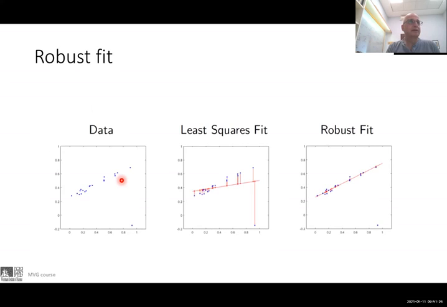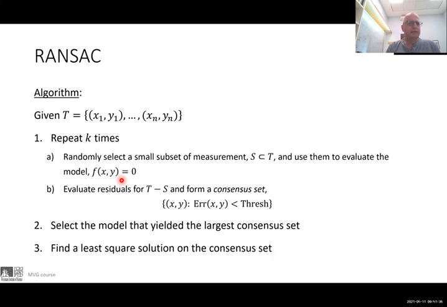We need 2 points. Every 2 points determine a line. So we select a subset that determines the model.